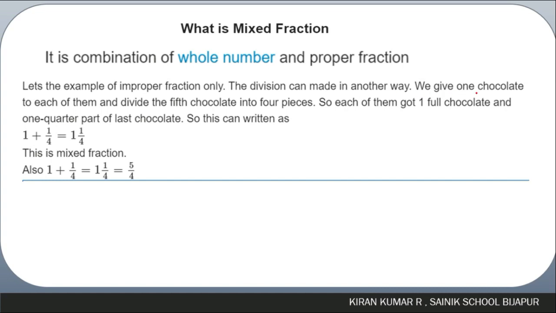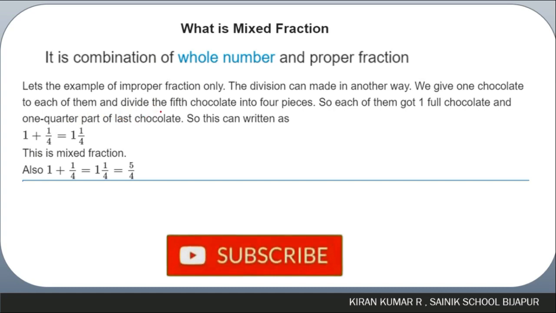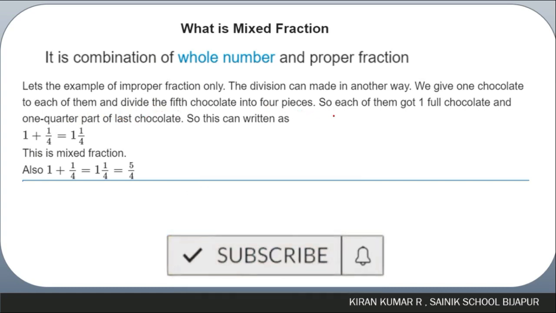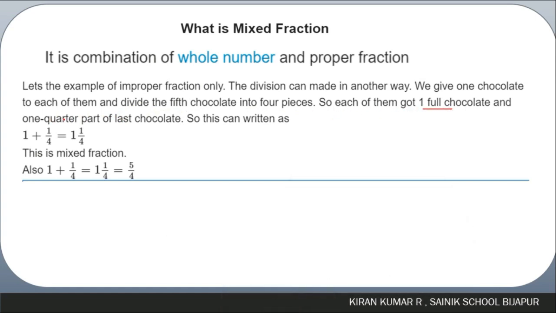We can give one chocolate to each one of them and divide the 5th chocolate into 4 pieces. So each one will be getting one full chocolate and 1/4 of the last chocolate.